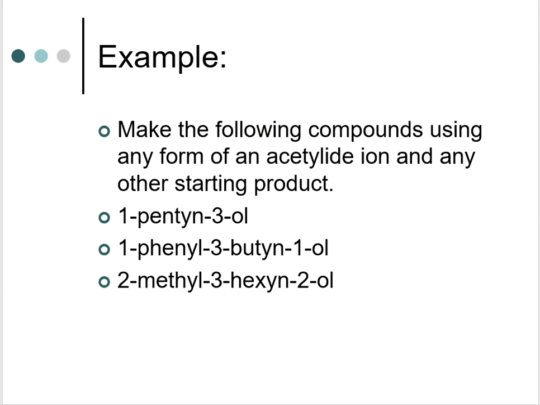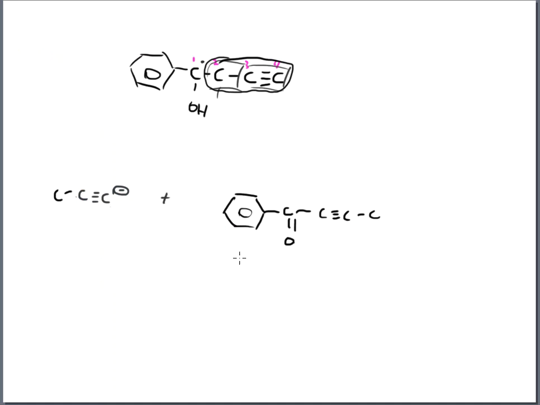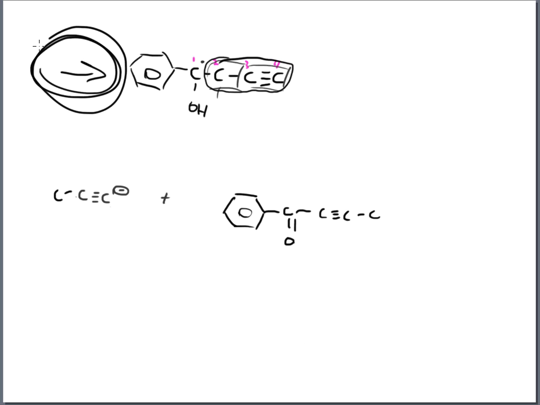Now, we could make a product if this was a 2 instead of a 3. But because it's a 3, folks, there's no way that we can get to this major product that's right up here at the very top. And the reason is because of that carbon that is right there that's not going to work for us.